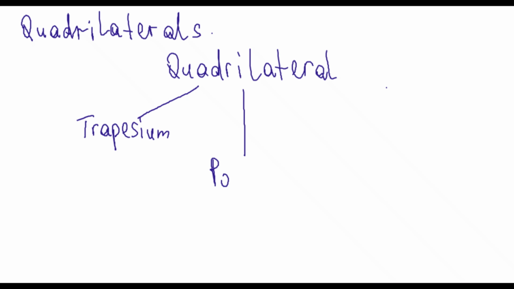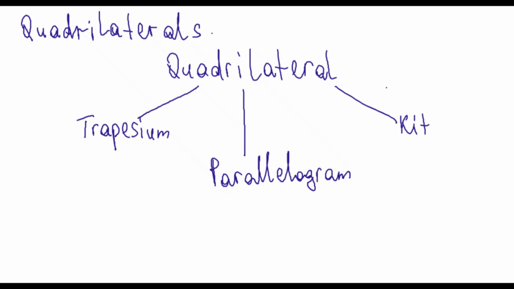Trapezium, parallelogram, and kite. So quadrilateral has 3 sons, trapezium, parallelogram, and kite.